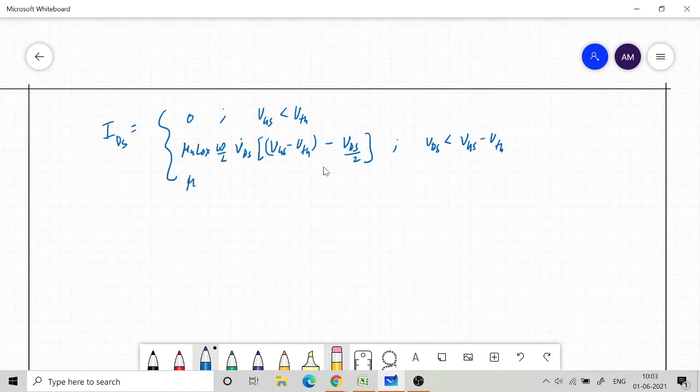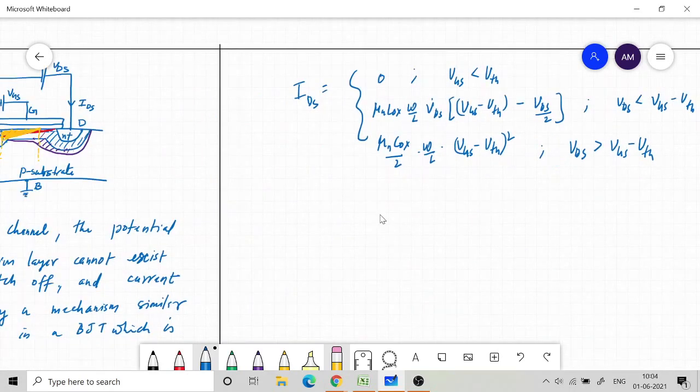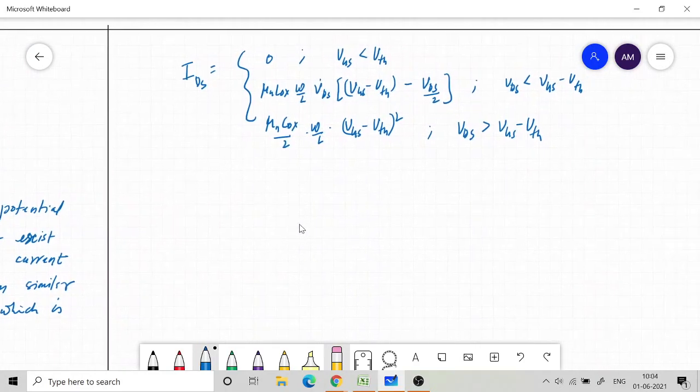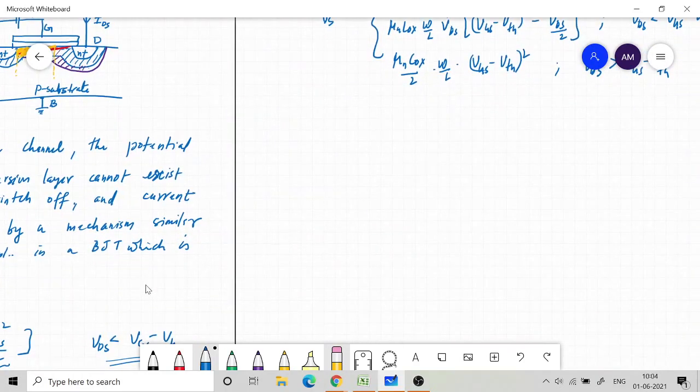And we also have mu n C ox by 2 W by L times VGS minus VTH whole square. This is the saturation current, and the condition for saturation is VDS greater than VGS minus VTH. That means the channel voltage is going to be greater than VGS minus VTH, and therefore inversion cannot be there on the drain side of the device. Okay, so this is the complete current equation, and yesterday we saw the plot of this equation.